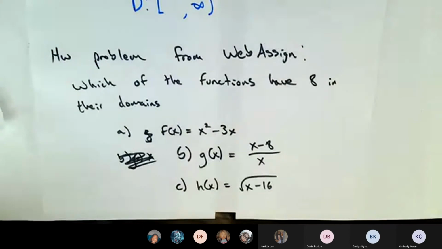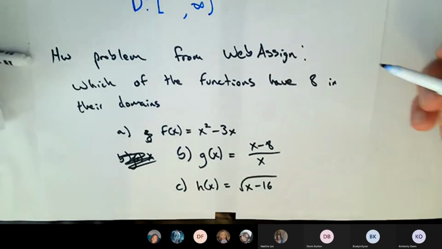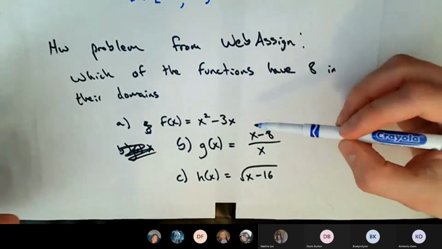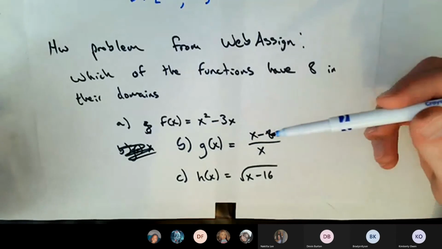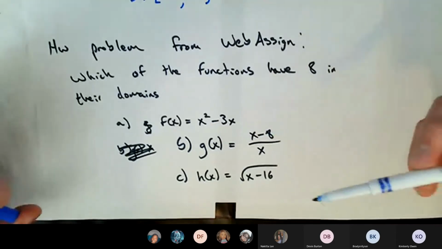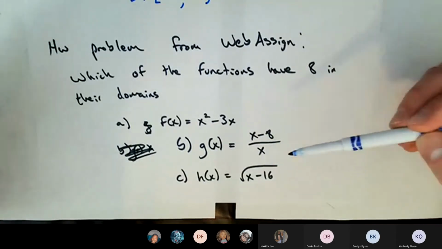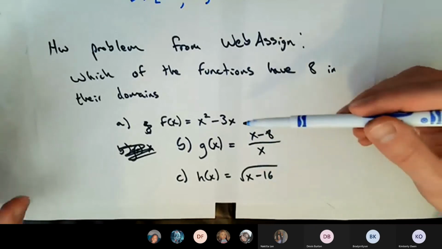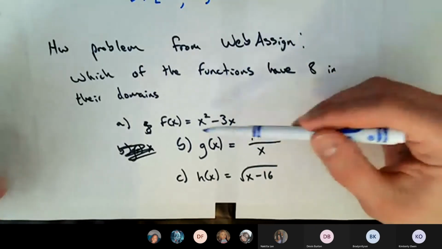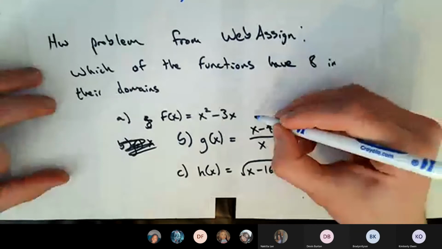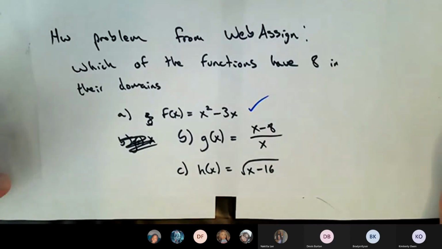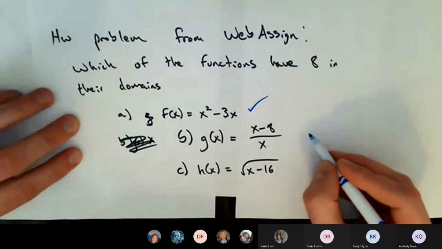Now, no reason to think that 8 is not allowed in the first function, right? Because the only time we're going to have restricted domains is when you've got square roots and division by x. So we should be suspicious of these two, but this one's totally fine. You can plug whatever you want into this function, so 8 is in that domain. Now here, what do we get when we plug 8 in?